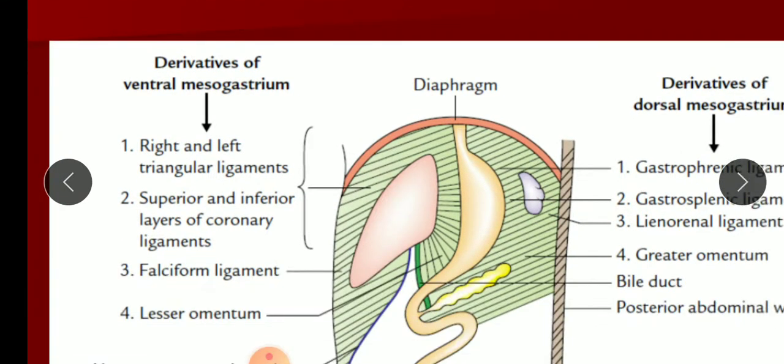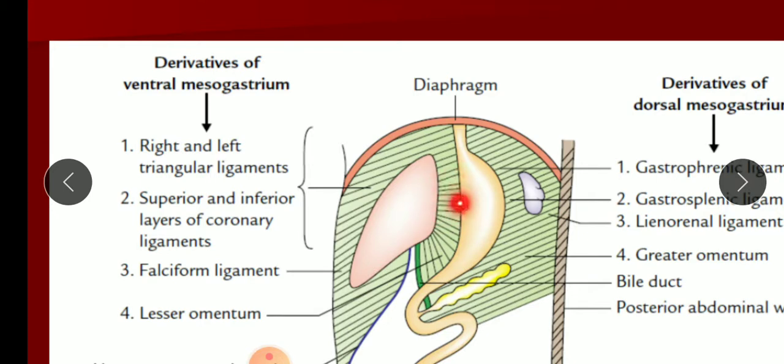Now what happens is, it is in the ventral mesogastrium that you find the liver developing. Fine. So with the development of the liver, this ventral mesogastrium is now split into two. That is, one part which extends from the lesser curvature of the stomach to the liver.